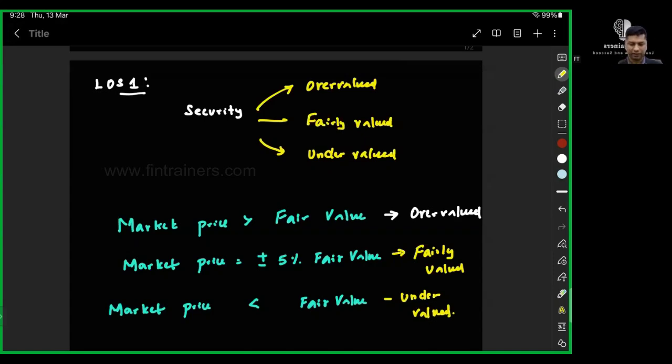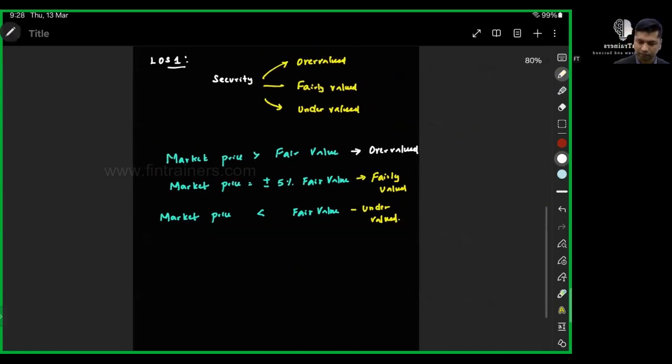Now it's a little bit of a curveball. This is a question from your curriculum practice. Let's say a security that is highly tracked, say Apple, ticker AAPL, is currently trading at, say, $230.